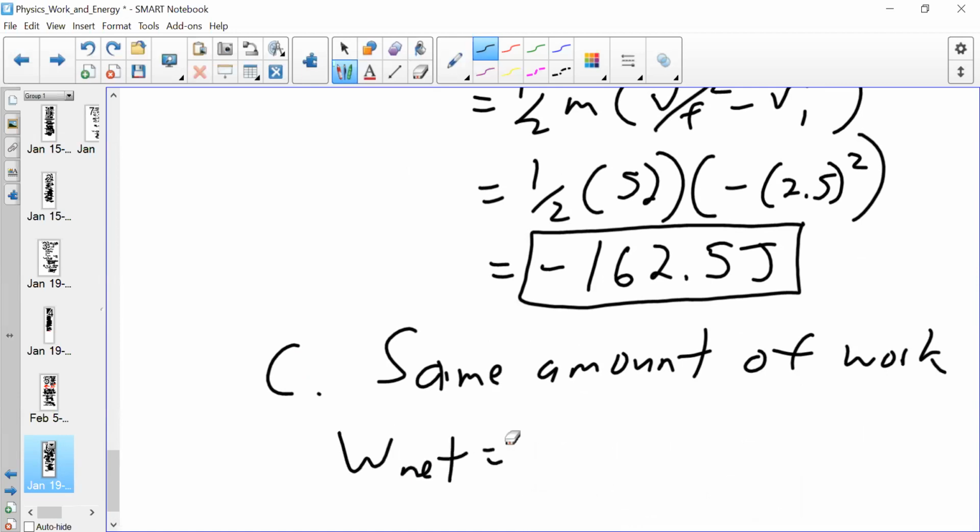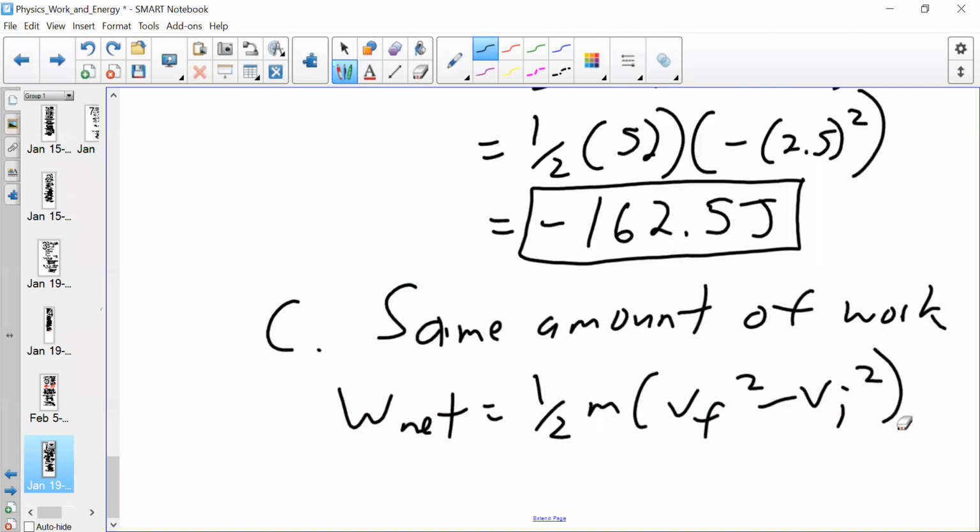Just to see it, the question is simply put, how much work does she need to get back up to that speed? So she's starting from 0 to go back to 2.5, which is now final. It's the same amount. Her mass didn't change. It's not a different person. So one half of 52, final velocity squared minus initial velocity squared.